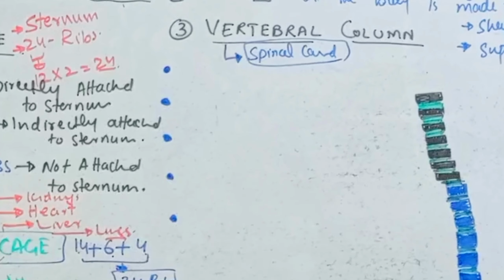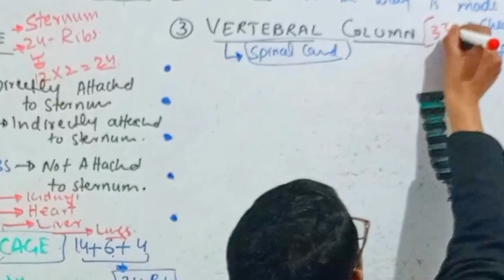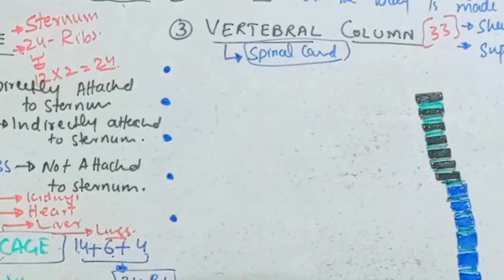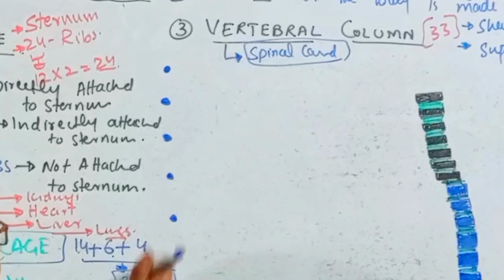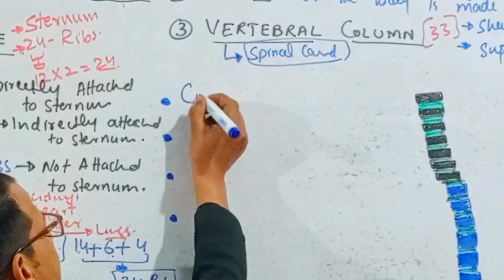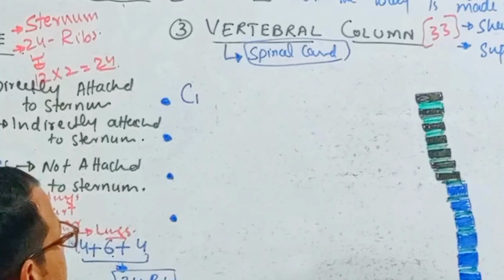And the vertebral column is composed of 33 bones. It is composed of 33 vertebrae, and the 33 vertebrae are divided into 5 regions. The first region is the cervical region.